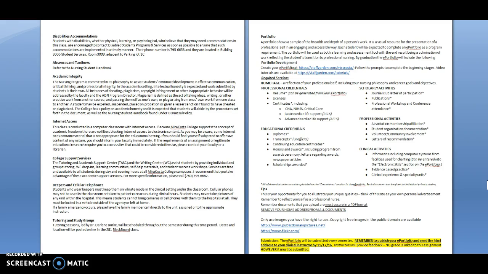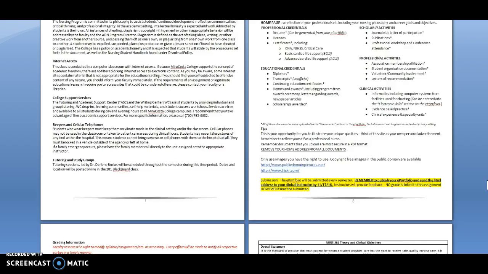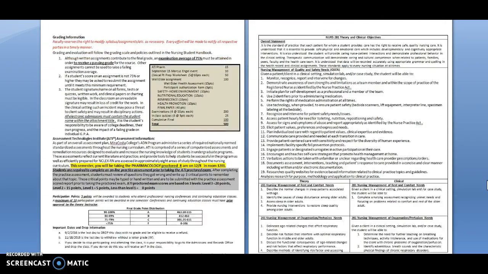This is what's expected of you, and it goes over it quite well. You will be submitting it to your clinical instructor by the 17th of November, so you'll need to get that up. There is no grade linked to this assignment, however, you do need to submit it. Next semester and fourth semester, there's a huge grade connected to this, so this is time for people to review it for you.